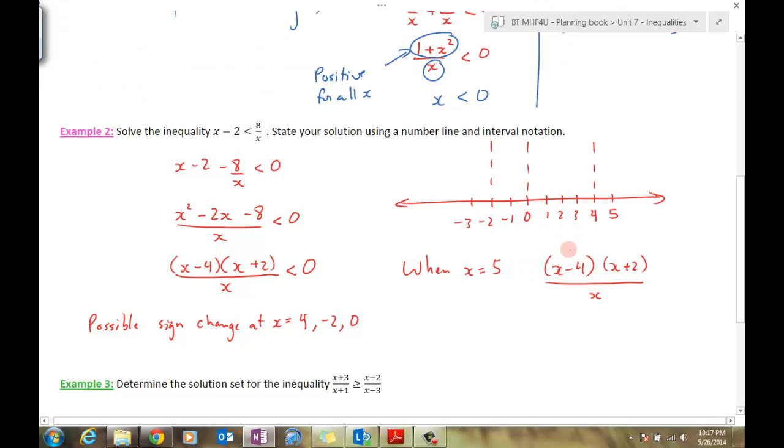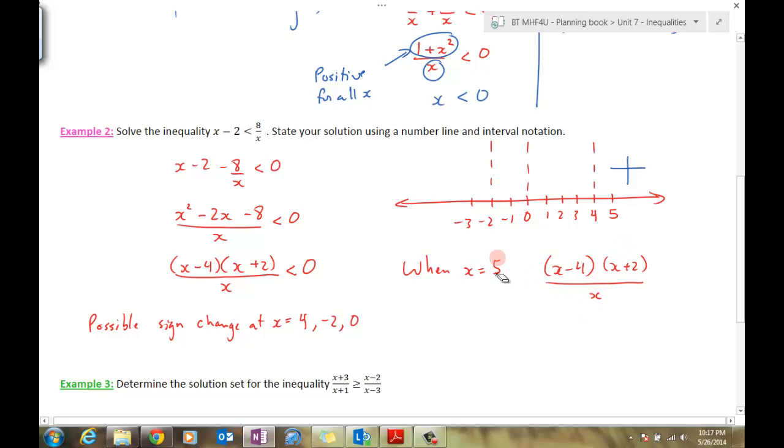Well, 5 minus 4, that's 1, that's going to be a positive. And 5 plus 2, that's a positive. And 5 on the bottom, well, that's a positive. So positives multiplying on top divided by a positive, that's a positive output. So this expression in this area will in fact be greater than 0. So that gives us information.